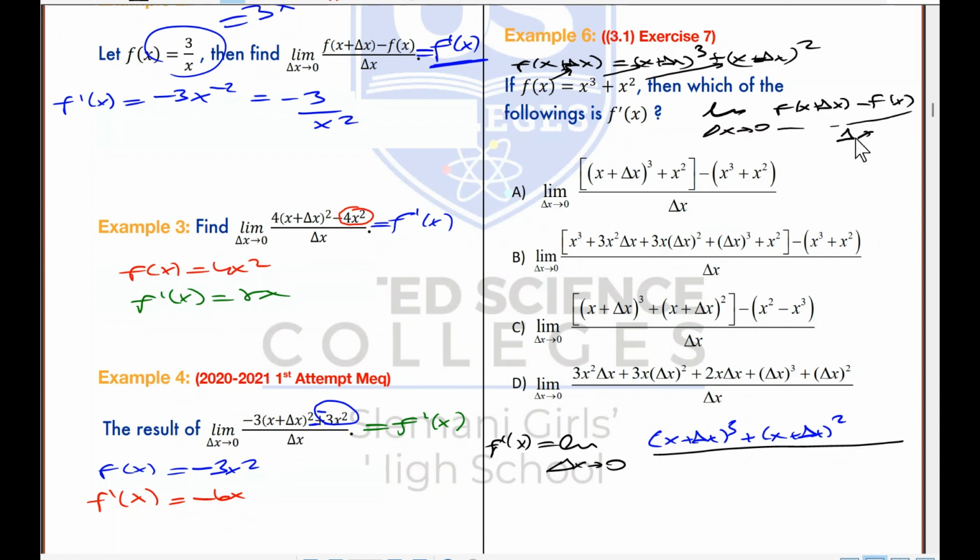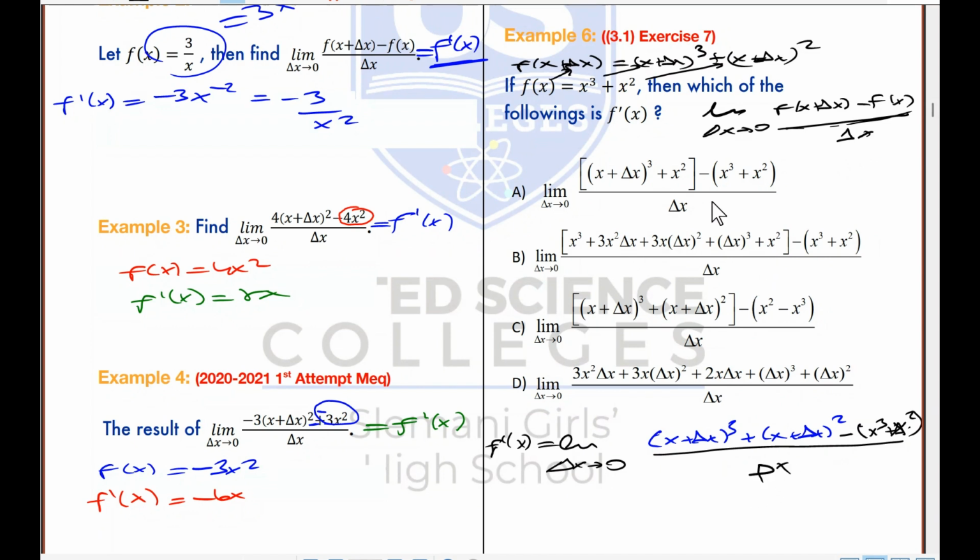So I'm trying to write my function in this form. Okay, I evaluated the first one at x plus delta x. This is what it is. Minus f of x, which is x cubed plus x squared in a bracket, all over delta x.